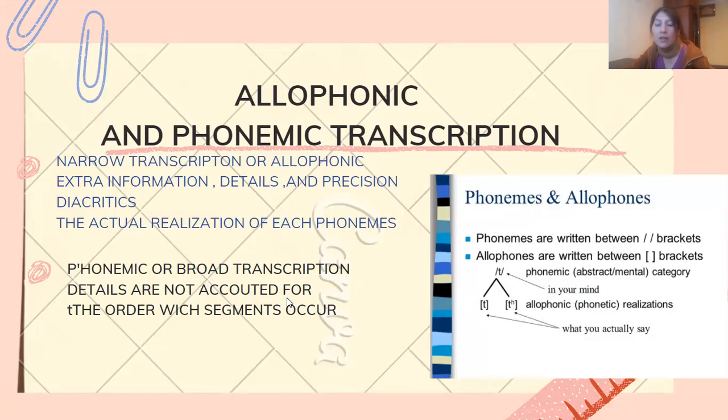It only records the order in which segments occur. For example, here is abstract, in our mind, the category. The phonemes are written between slant lines, while the allophones use square brackets. That is the difference.